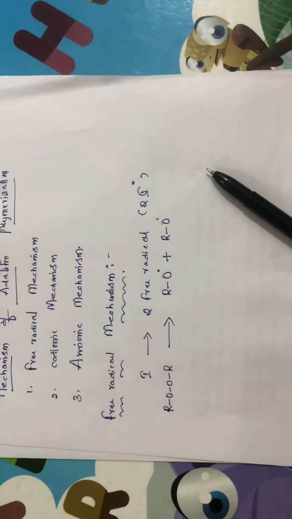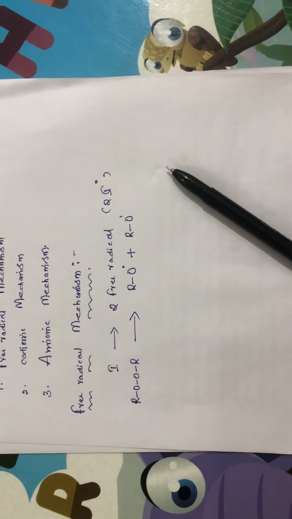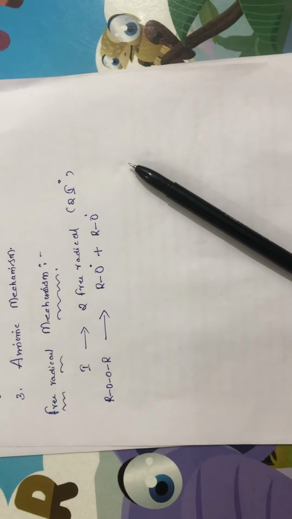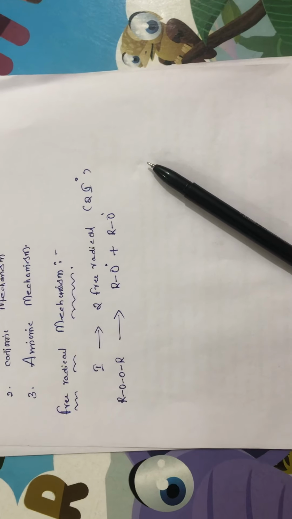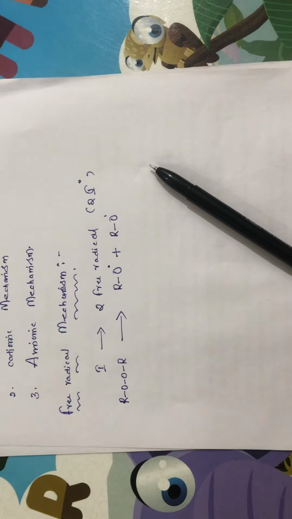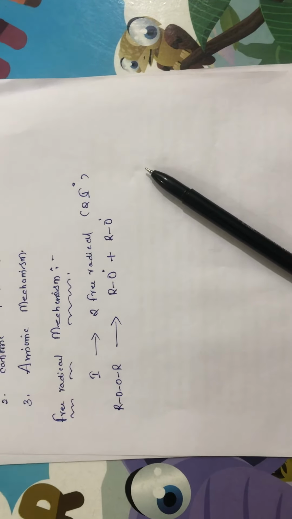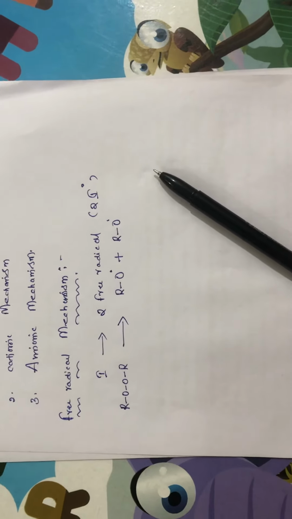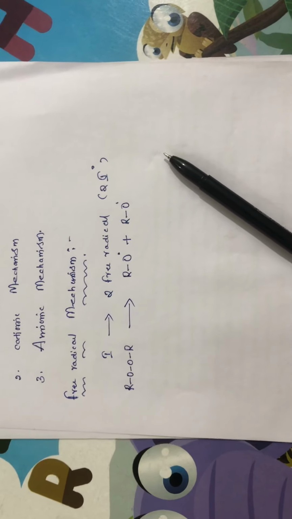Before entering into the free radical mechanism, let us see: this mechanism takes place in two steps. One is the dissociation of the initiator, and the second one is how the free radicals formed from the dissociated initiator propagate the polymerization reaction.